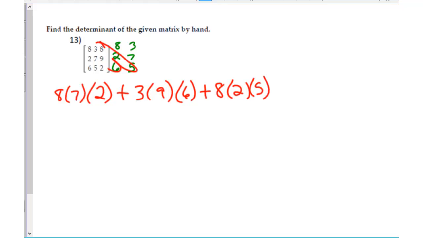That is the diagonals going one way, so we add those all together, then we take the diagonals going the other way. So 6, 7, 8, plus 5, 9, 8, plus 2, 2, 3.